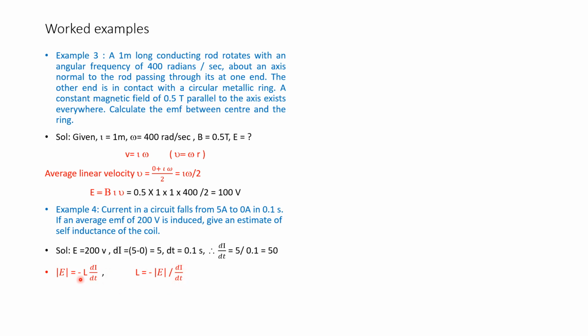Numerator E remains the same. Therefore, let us substitute the values. E, the given voltage, is 200 volts divided by di by dt, that is equal to 50. So, denominator is 50. So, the value of L will be 4 henries. That is the answer.